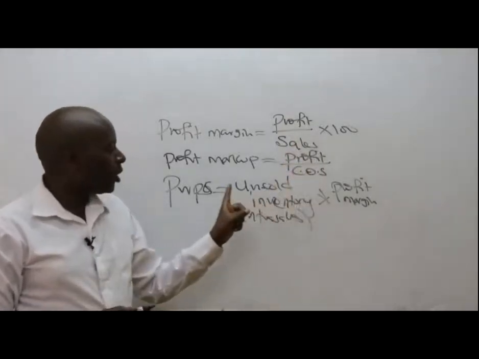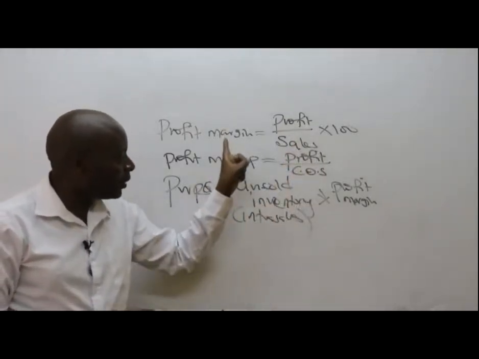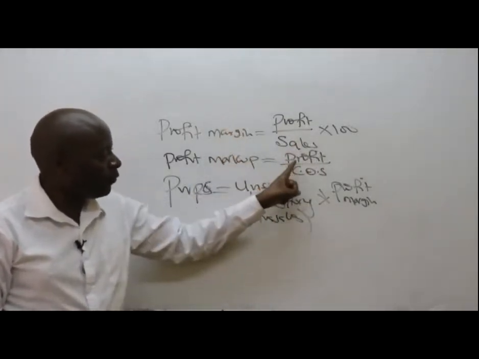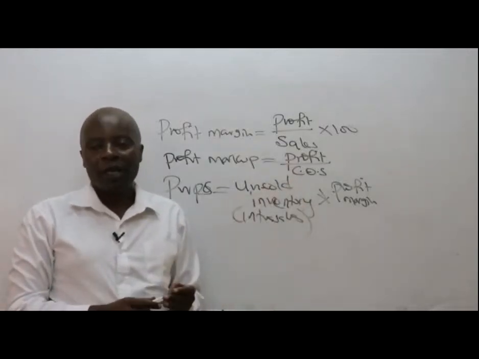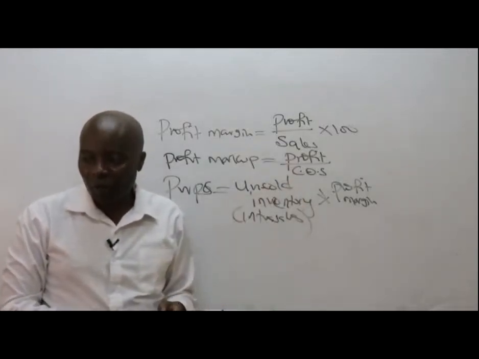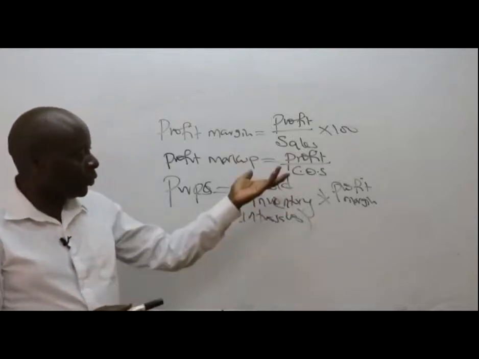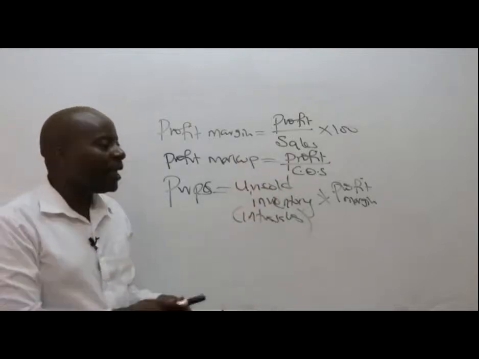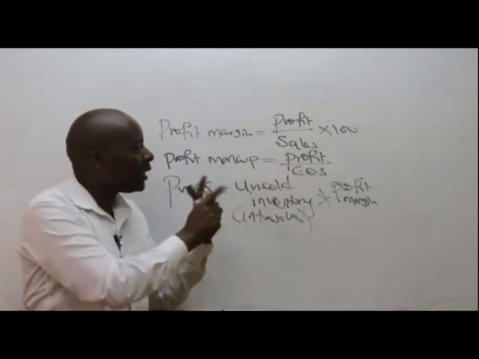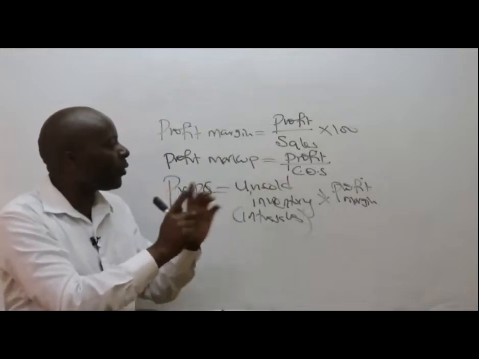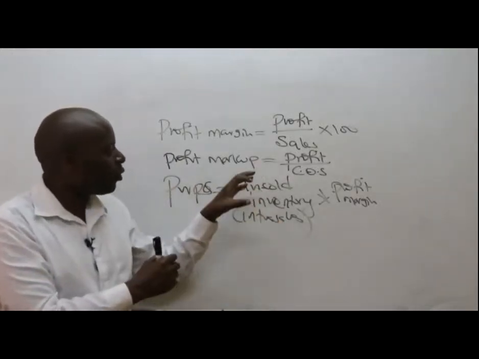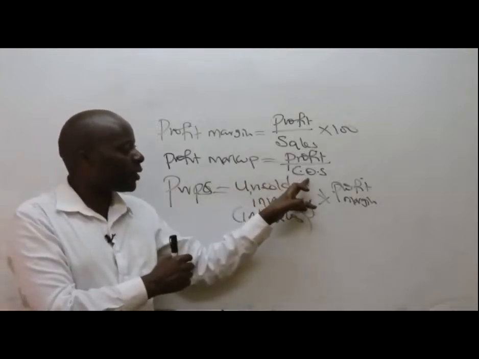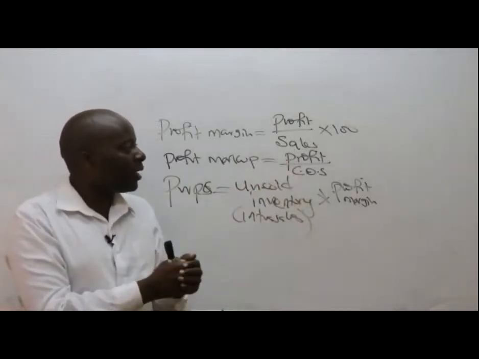Profit over cost of sales times 100 if you wish. So profit margin and profit markup are not the same. The differentiating feature is that for markup, down here we have cost of sales, and here we have sales.